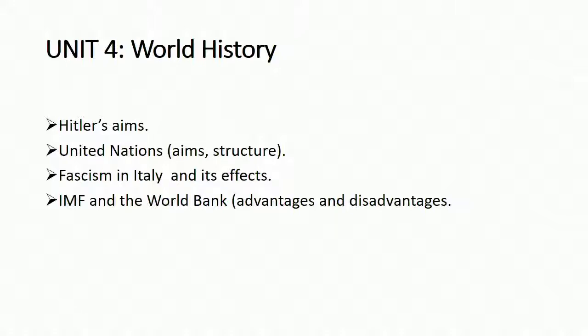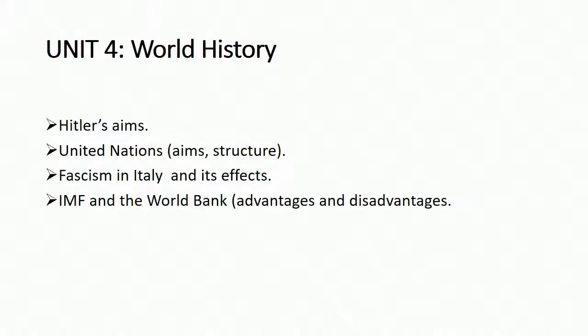Okay, we have fascism in Italy. This is Mussolini's fascist party, Mussolini's ideology based on fascism. Remember how it was introduced in Italy after the First World War and the effect it had on Italians.